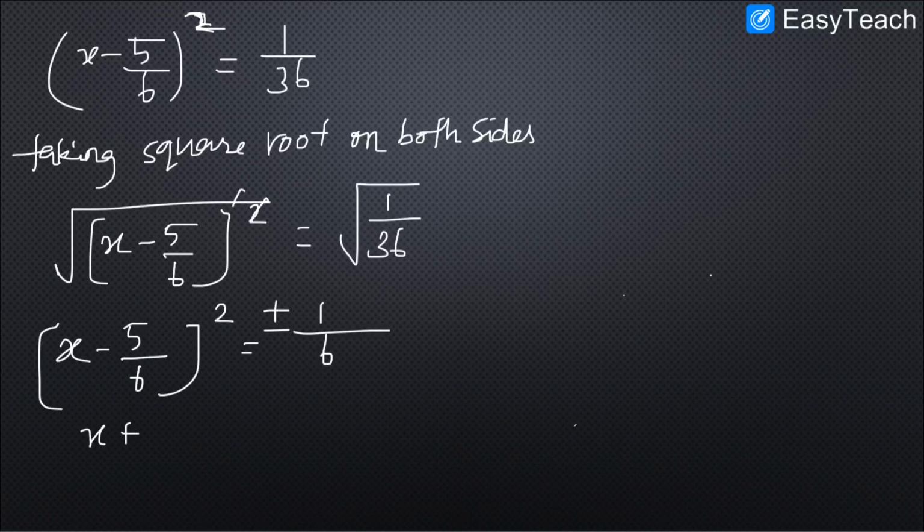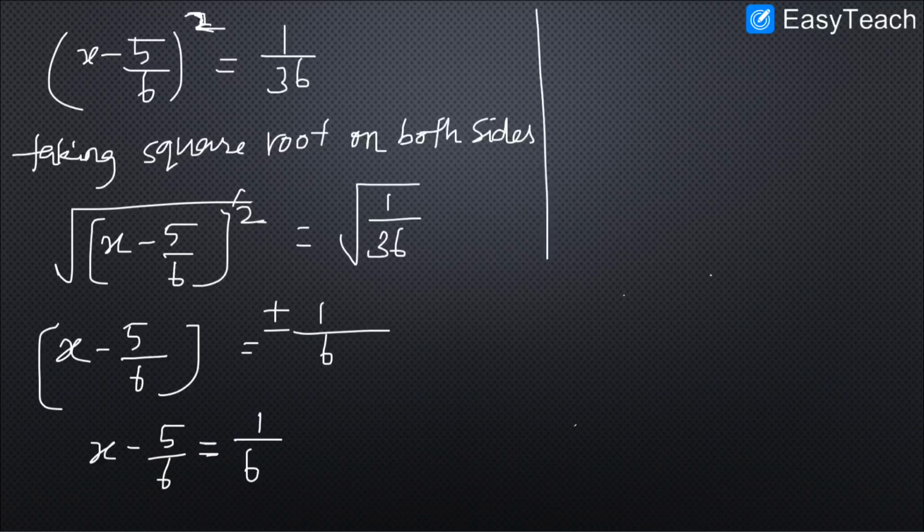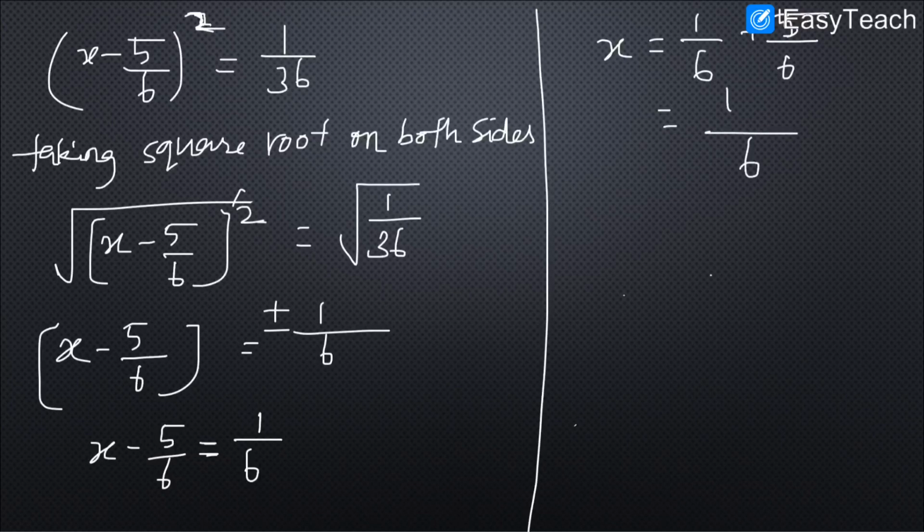Let's take the plus value first. On the other side, look here, we cancelled the square, right? For 2 values we write one value, x minus 5 by 6. So finally we have x minus 5 by 6 equals, first I take plus 1 by 6 to find the answer, so x equals 1 by 6 plus 5 by 6. 6 is the LCM. So 1 plus 5 equals 6 by 6, which is 1.